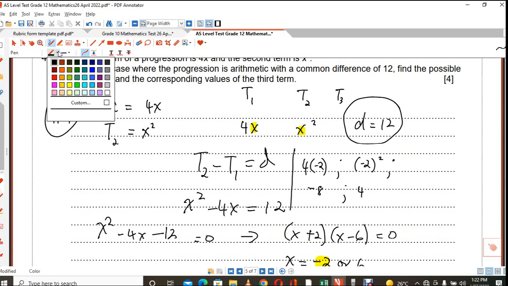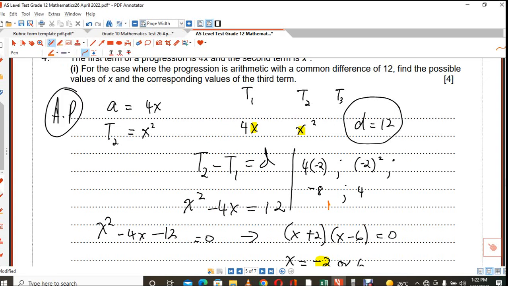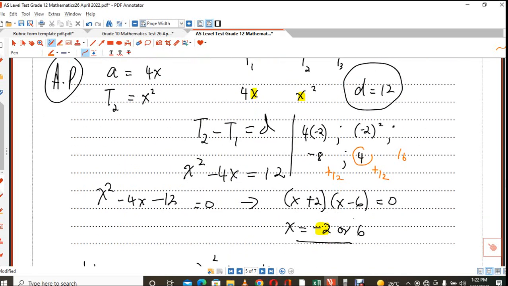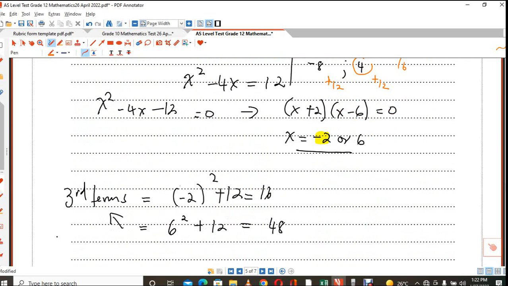The next one, because you add 12, I just add 12. It's negative 2 squared, which is the same as 4, plus 12. That's all that I have done here. This one here is like the 4. I'm just adding 12. Why am I adding 12 every time? It's because that is the common difference.